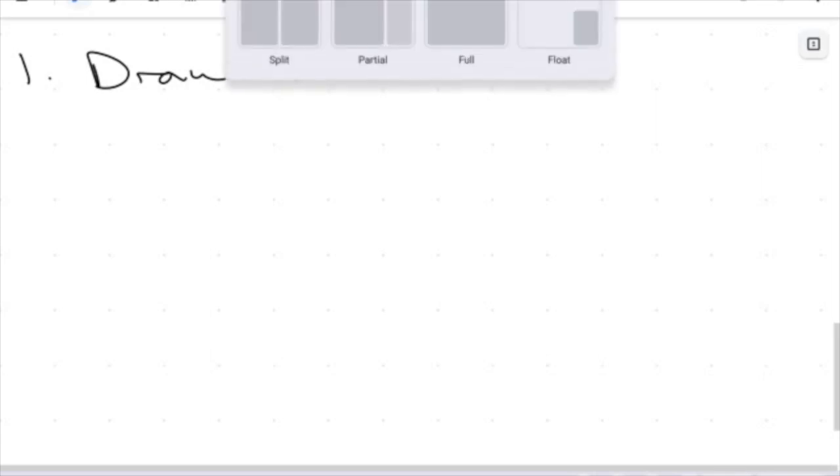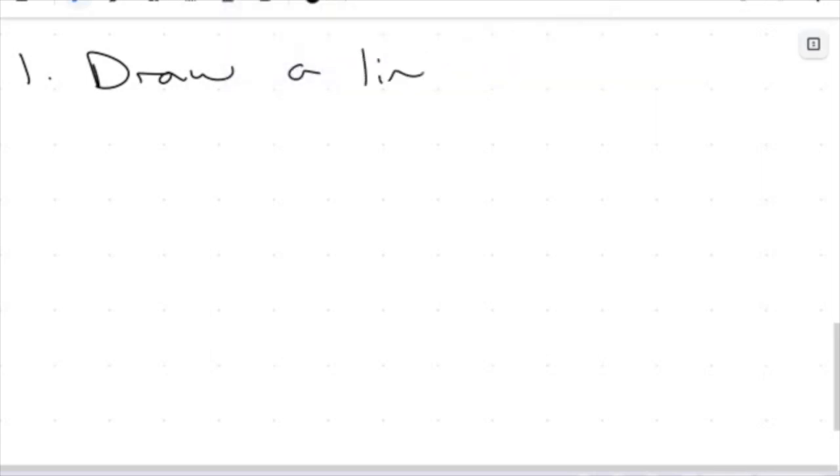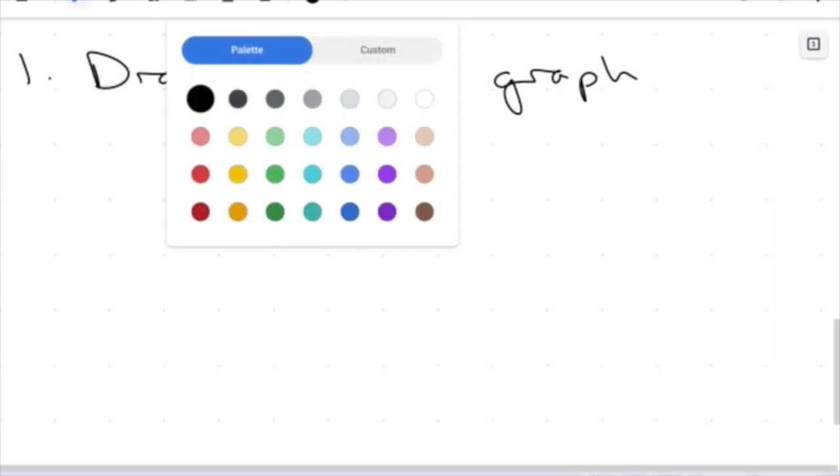Now let's jump straight into some examples. Example 1: here we want to draw a line graph. Let's consider the data being collected.